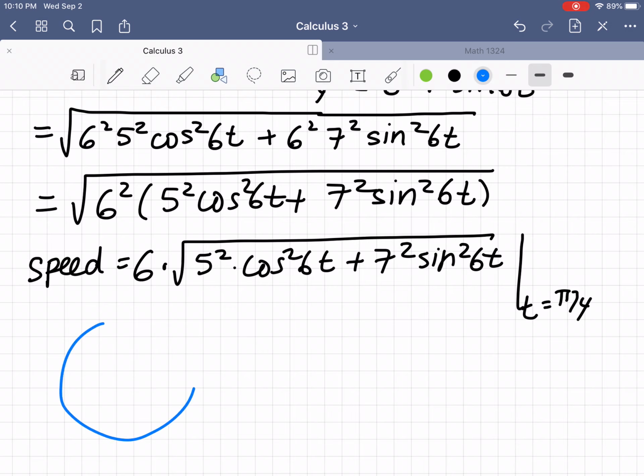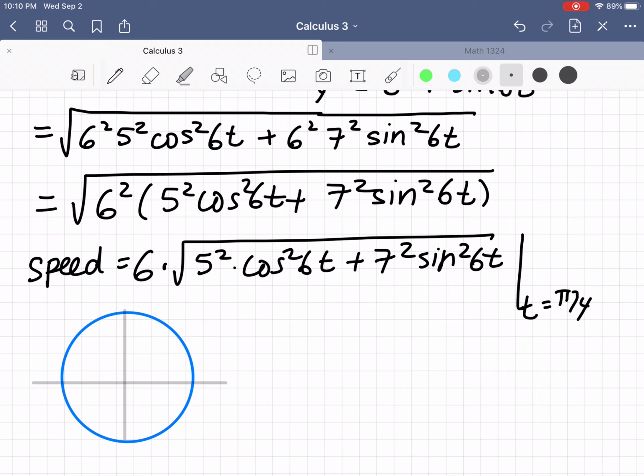So where is pi over 4 located? On this circle here, in this blue circle, let's draw our little lines here. So we have roughly our lines there. And pi over 4 is going to be here, roughly, right?